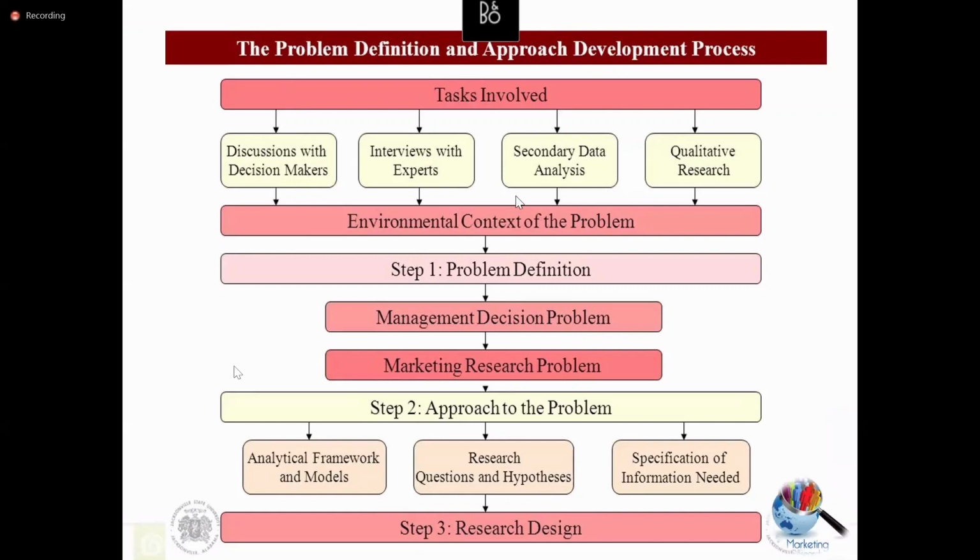And if not, then we may go into secondary data analysis, right? Secondary data is the data that is already existing. Already the data exists. It has been collected for some other purpose, but the information is available.